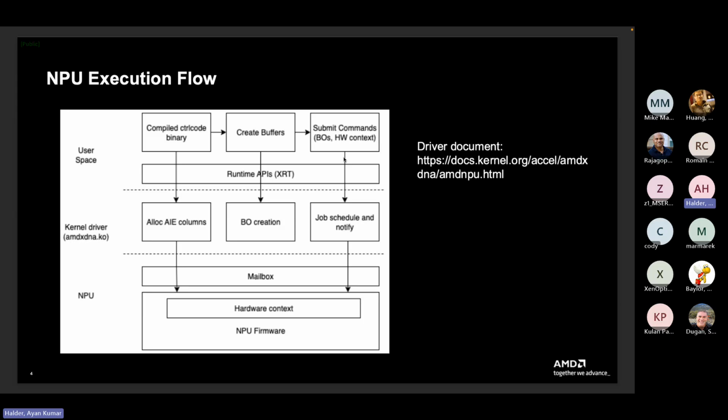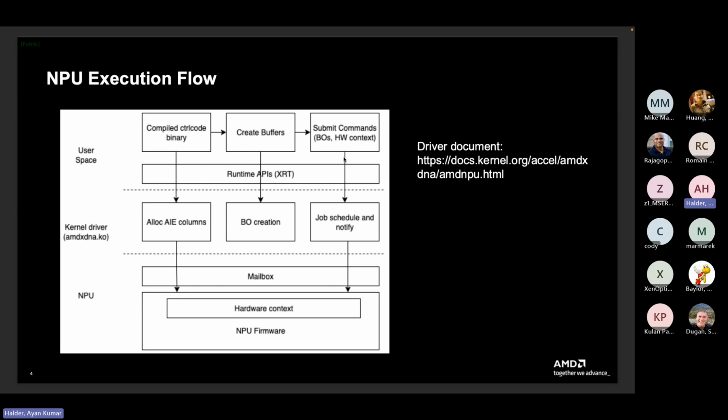Then the application creates some buffers, which are accessible by the hardware. Then those control codes are put into those buffers. The last step is that these buffers can be submitted to the hardware to really process it.